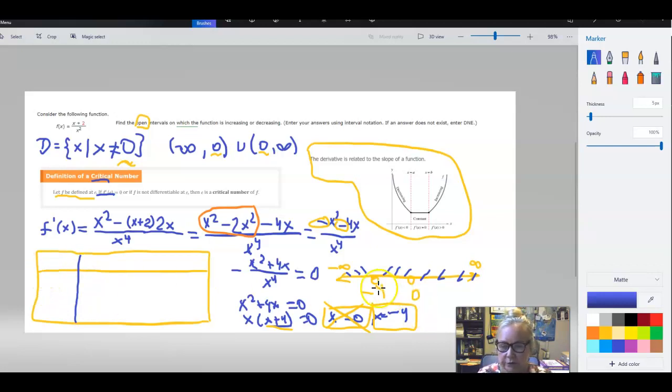So the first interval is x between -infinity and -4. The second interval is between -4 and 0. And then we get another interval, 0 to positive infinity.